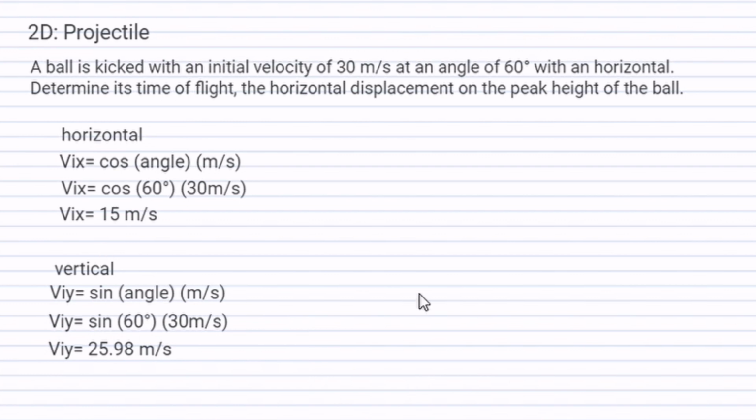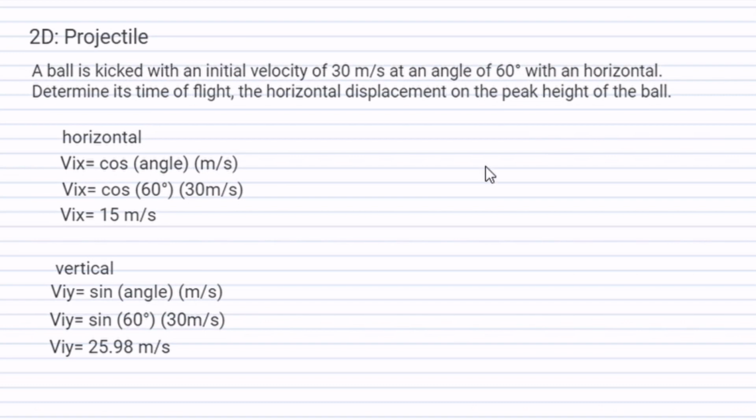Now let's move on to solving the T up. For solving the T up, we're going to use this formula: T up equals VIY over the gravity.